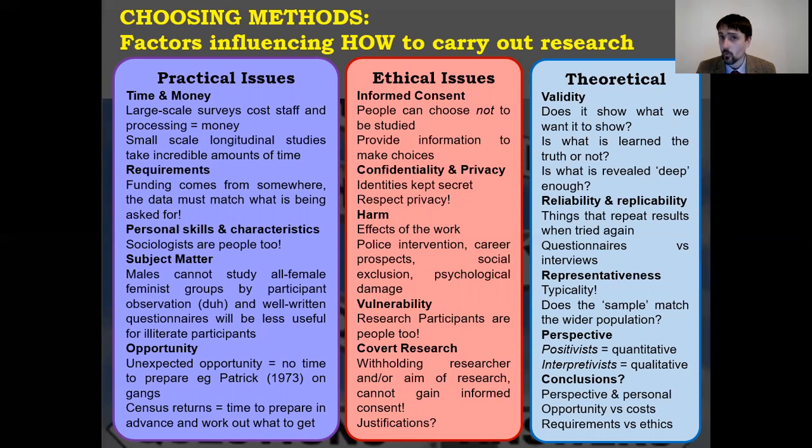And finally, requirements versus ethics. When it comes down to it, if you're getting the funding and someone's asking for a particular question answered, that tends to trump the ethics of how you get your consent. So if there's a conflict, sociologists tend to go with requirements over the ethics. That doesn't mean they're unethical.